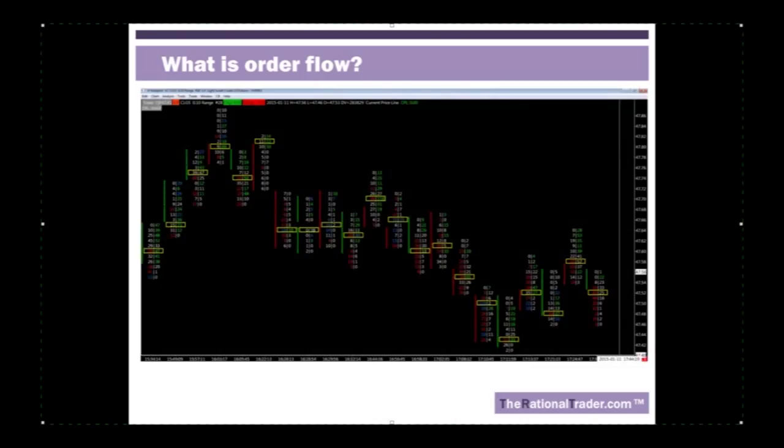There's a lot of information here that really helps you understand what's going on in the market. The key here is that when you're trading, you're in competition with every other trader out there. Your money against theirs.